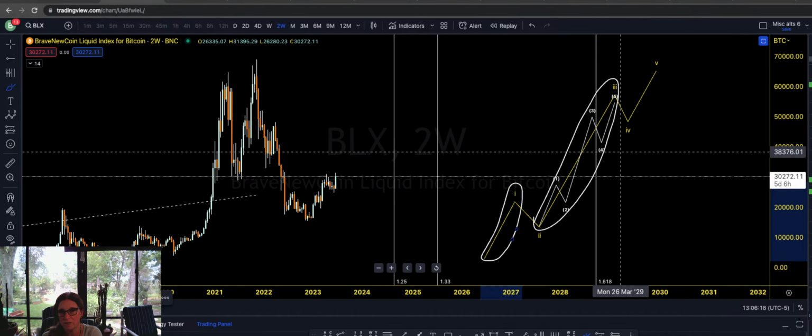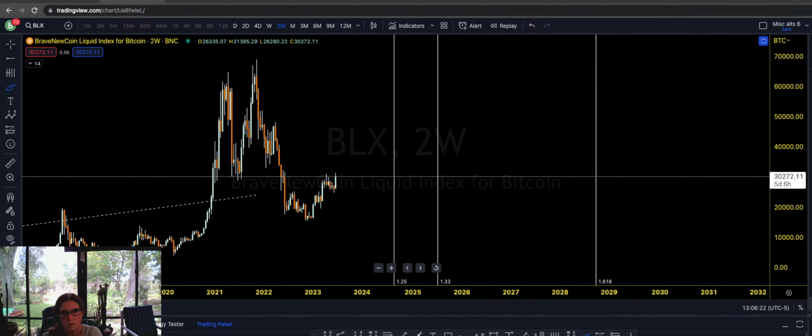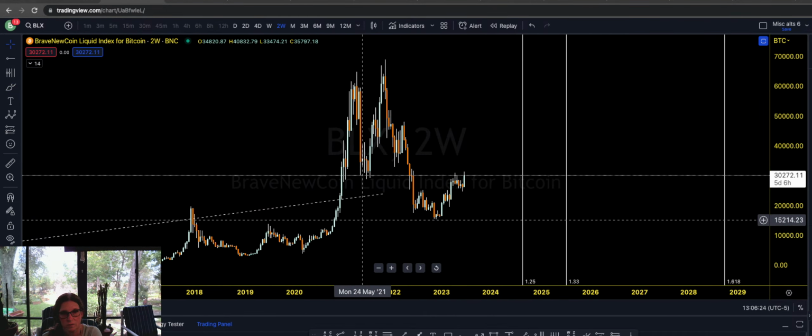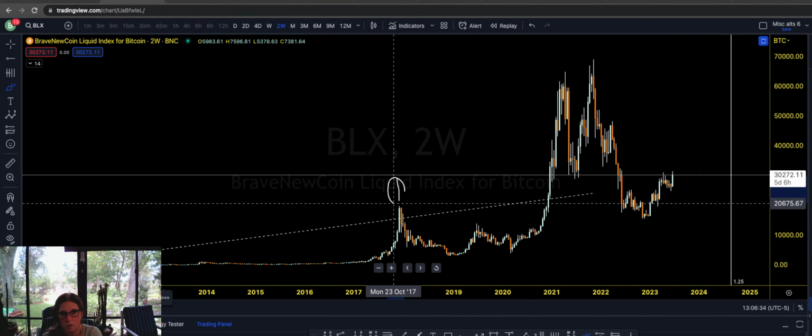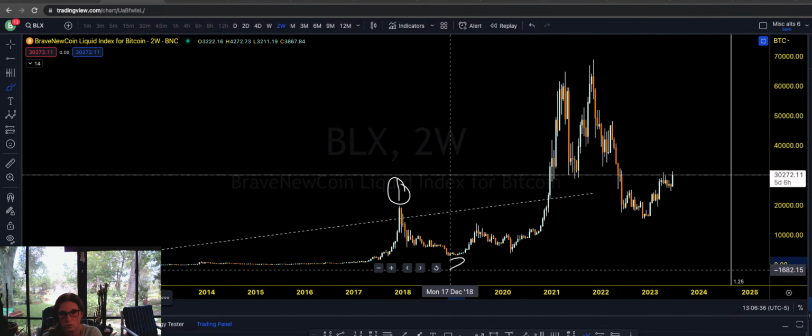So with that being said, let's take a look at Bitcoin and what we have here. We have a very large, from the beginning of time, all of that price action, a primary 1 and a primary 2.